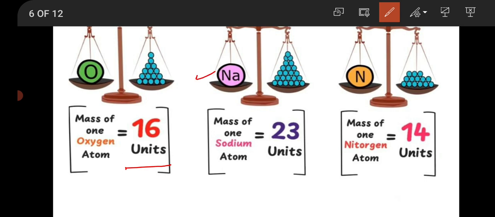The mass of one atom of sodium is equal to 23 units. That means it is 23 times heavier than 1/12 the mass of a carbon 12 atom. Similarly for nitrogen, its mass is 14 units. That means it is 14 times heavier than 1/12 the mass of a carbon 12 atom. And instead of these units that were used, nowadays we use AMU, or more appropriately U.